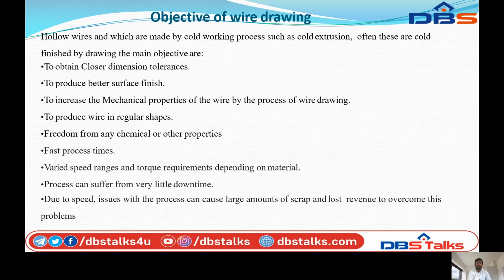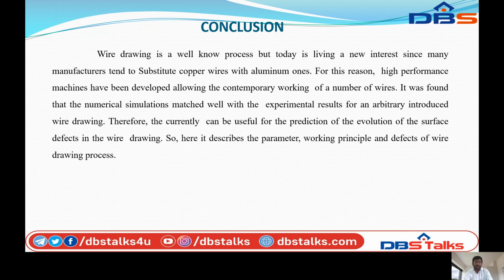Next, coming to the conclusion. Wire drawing is a well-known process, but today it is receiving new interest since manufacturers tend to substitute copper wires with aluminum ones. For this reason, high performance machines have been developed allowing the simultaneous working of a number of wires.